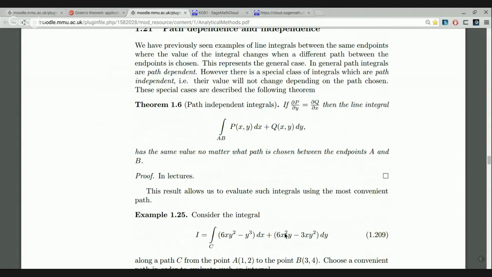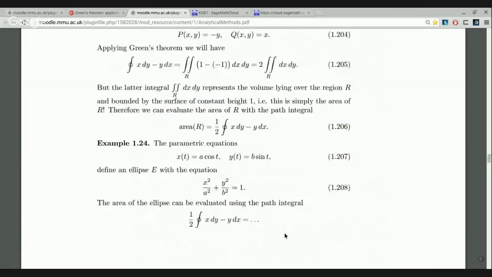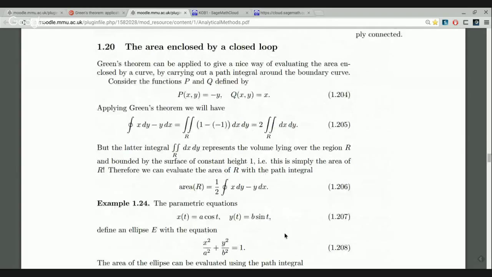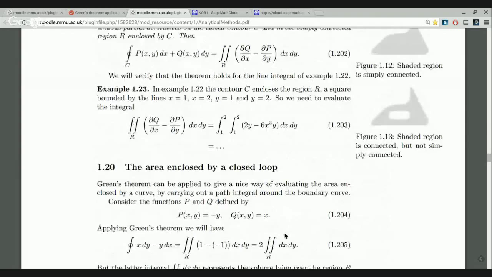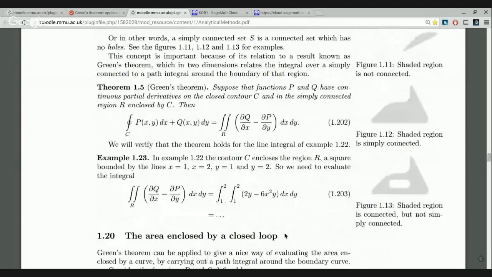Well, you see, Green's theorem says the integral along the closed curve of p dx plus q dy is equal to the double integral of the difference over the region. And the condition comes about by noting that if that difference is 0 everywhere, then the integral on the right-hand side is going to be 0.